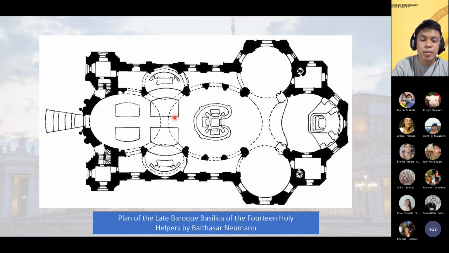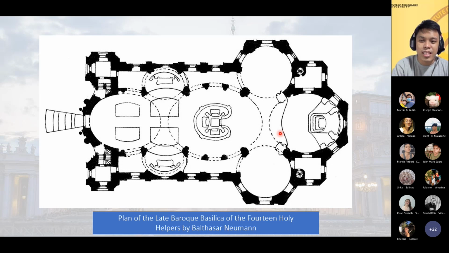Some of the spaces are based on an oval area. So some of them, their domes are not clearly circular domes or polygonal domes. Some of them have this oval base for the domes. So that's how it is during the Baroque architecture.